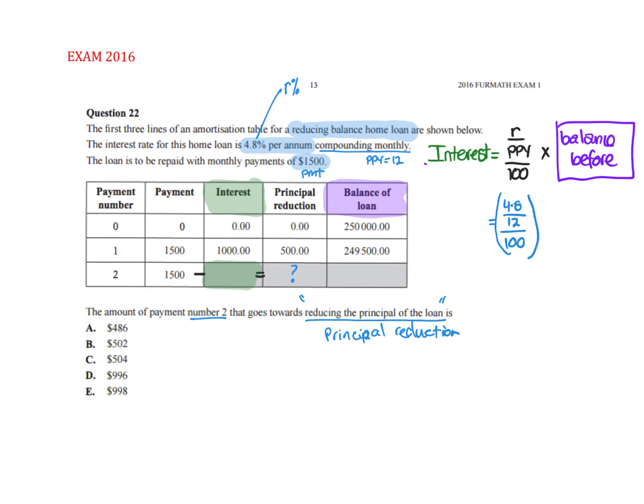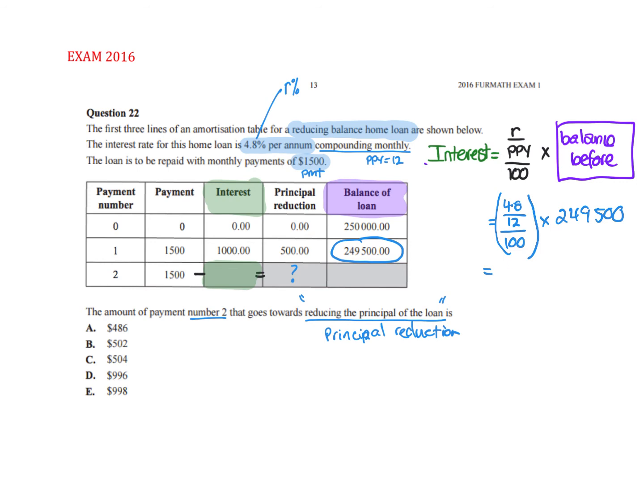So that's the interest part. And then what you do is you times it by the balance before. When I say that, I mean the loan balance before that payment number. So in this example, it'll be 249,500. When you do that, we'll calculate what the interest is.